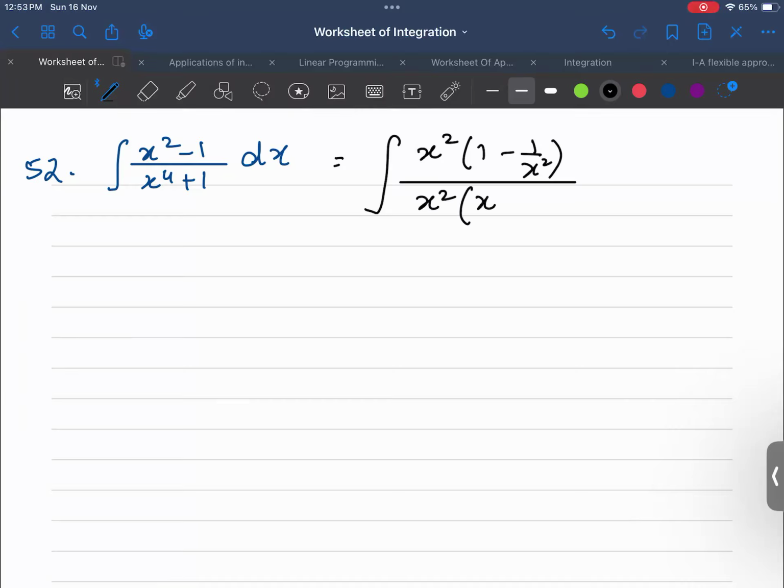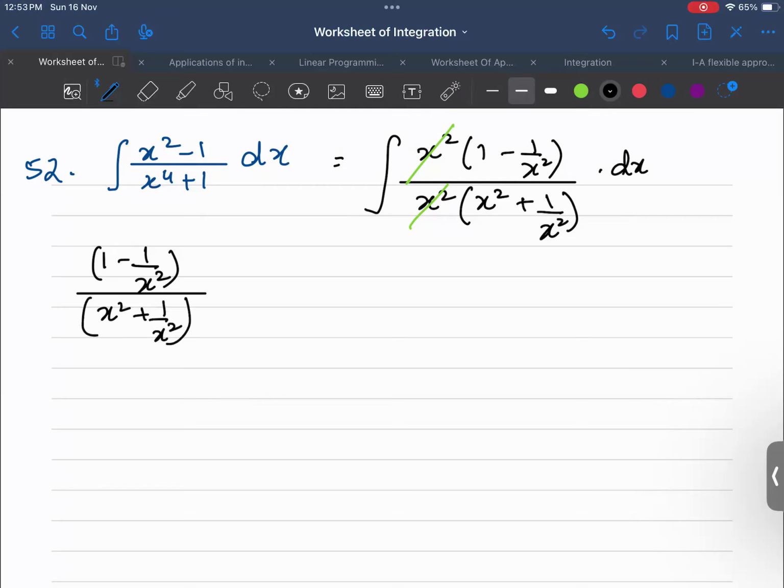This becomes x square plus 1 upon x square. Yes. Now we see this would be good. The remaining one is 1 minus 1 upon x square, divided by x square plus 1 upon x square, dx.